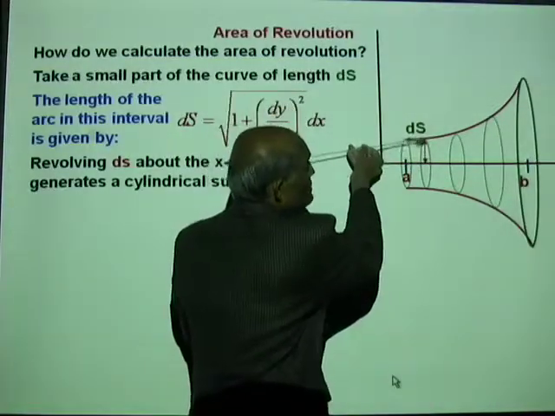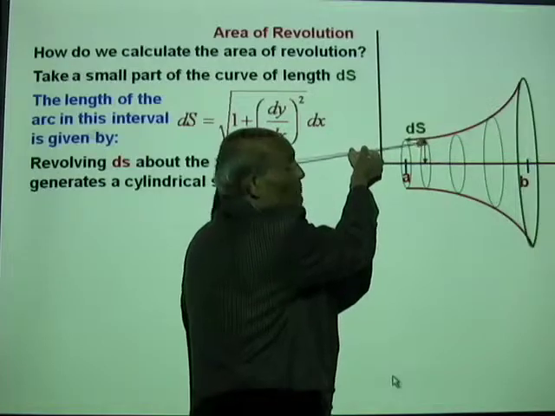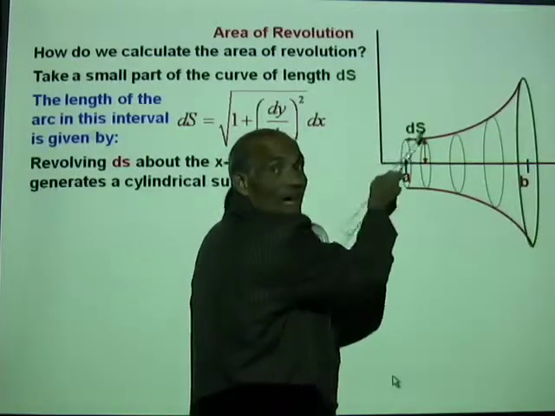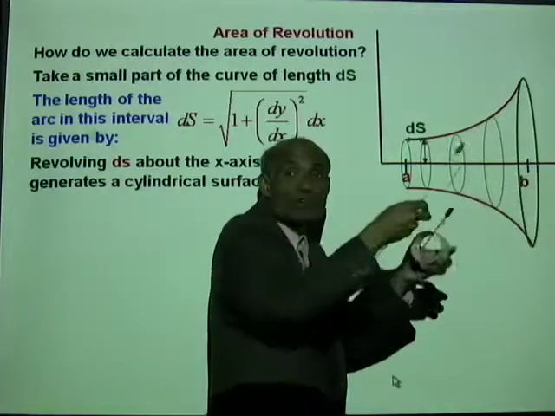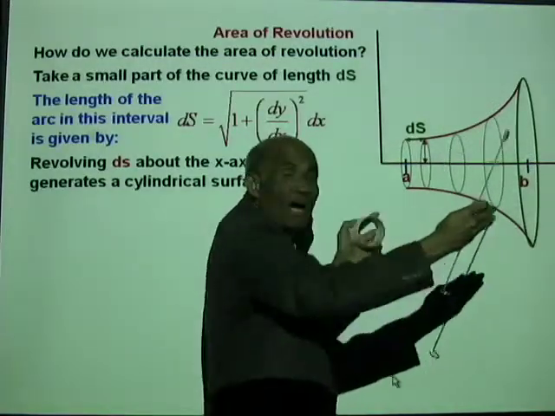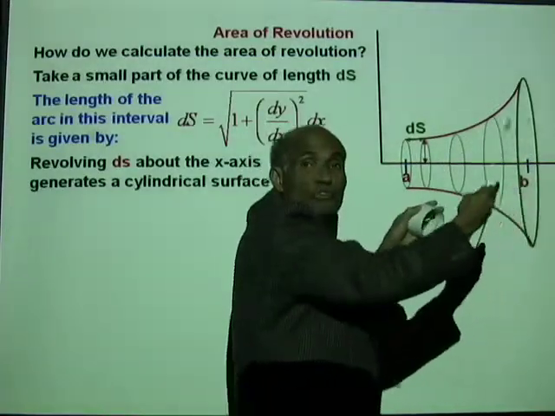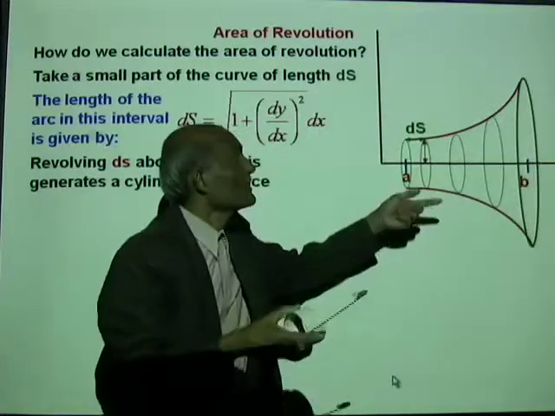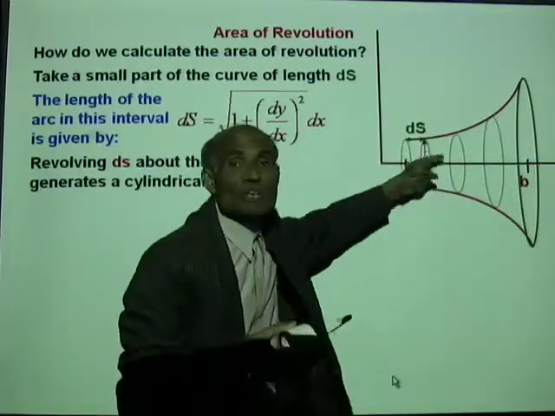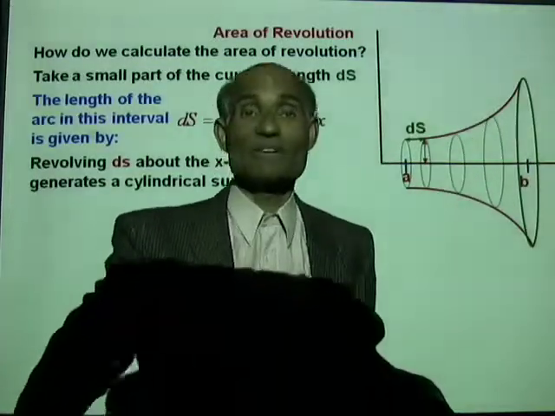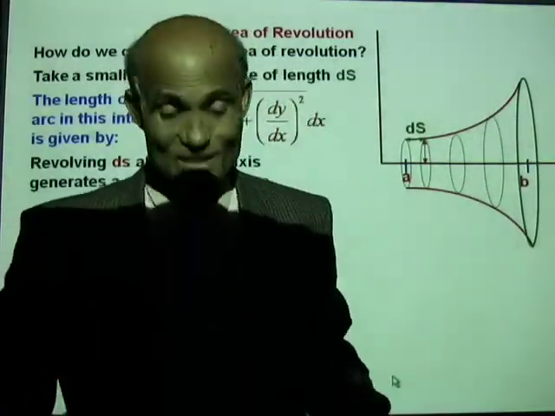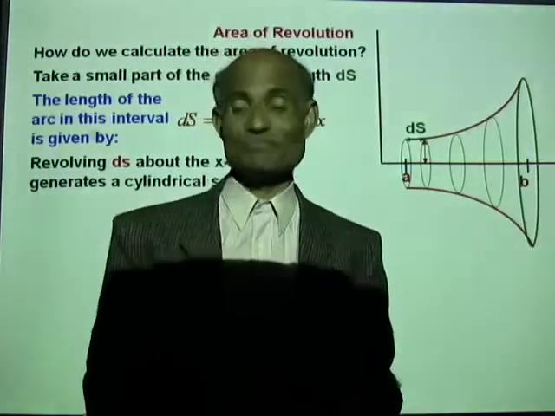Now, that is created by revolving this ds, and there are hundreds of such ds you can revolve, generating cylindrical surfaces. Add all those surface areas, and you will get the complete area generated by revolving this curve. And that's the method. Adding all those areas means integrate.